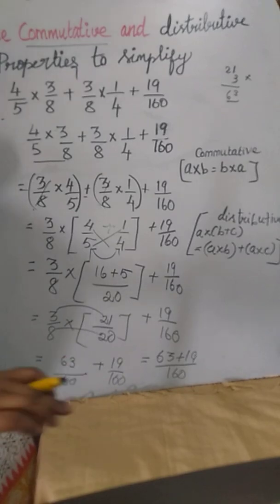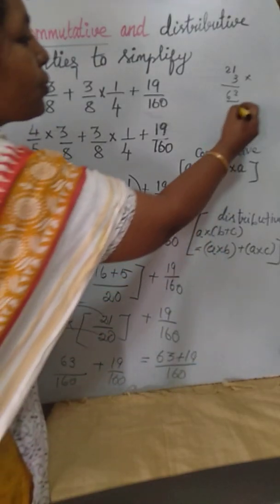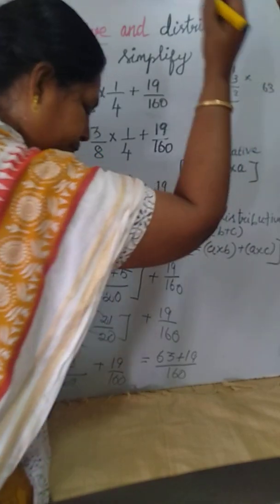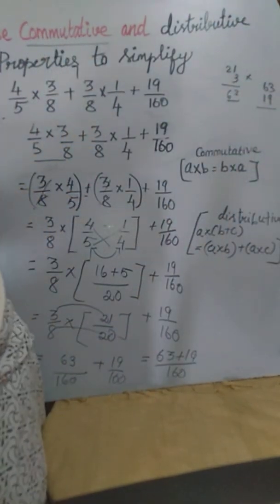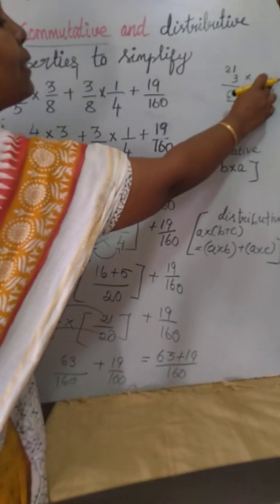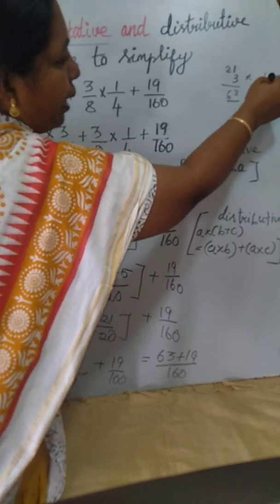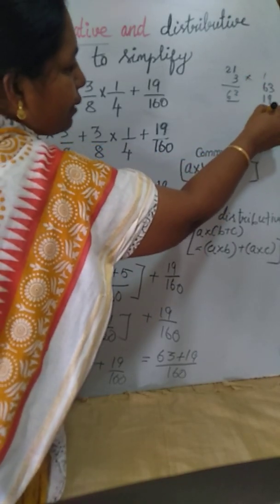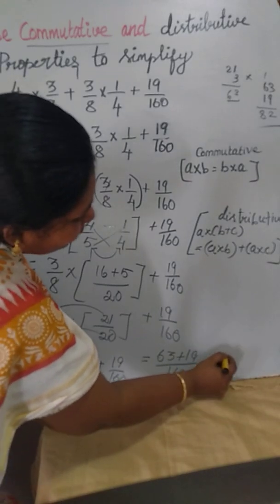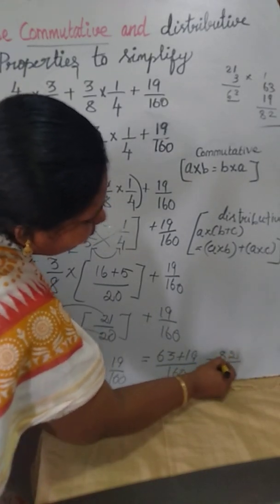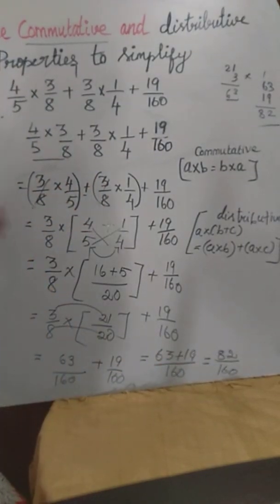So we add these two numbers. 63 plus 19, what is the answer? 9 plus 3, what is the answer? Yes, 9 plus 3, 10, 11, 12. So balance 1, 6 plus 1, 7, 7 plus 1, 8. So the answer is 82 divided by 160.